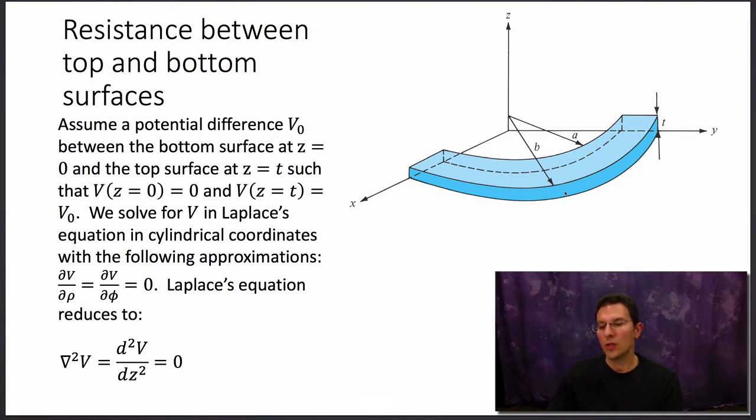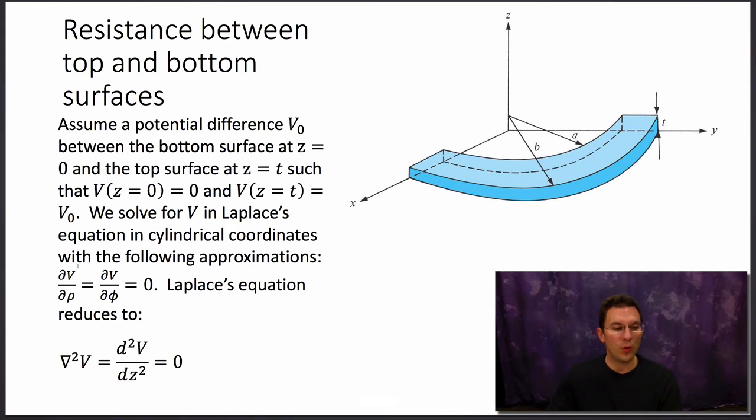So it makes a certain amount of sense that since the potential difference exists between these two surfaces, the electric field is primarily going to be directed vertically, and therefore there's going to be very little change in potential as we move in rho or we move in phi.